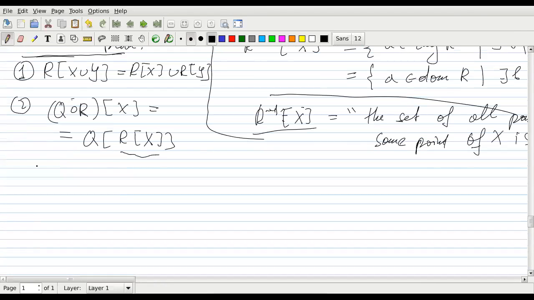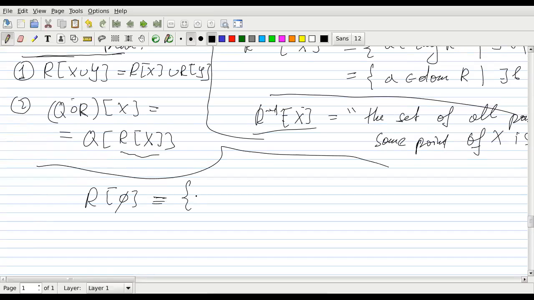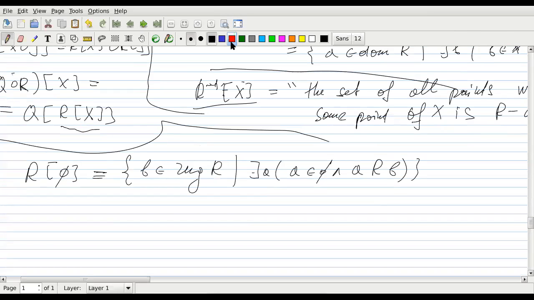And now, as our last statement, let's compute the image of the empty set. What is it? Formally, it is the set of all B's which come from the range of R, so that for some A from the empty set, we have an arrow from A to B. So what is it? It is the empty set, of course, for this condition is always false.